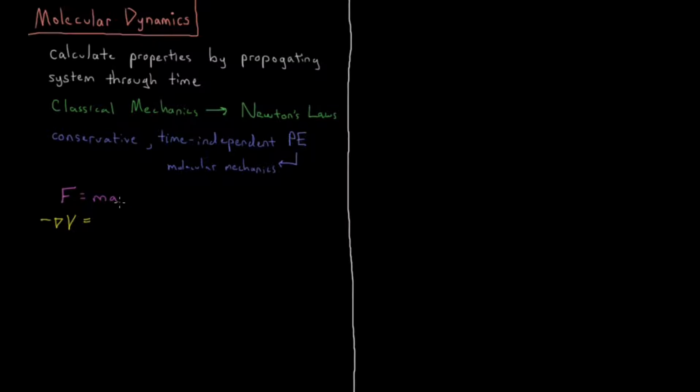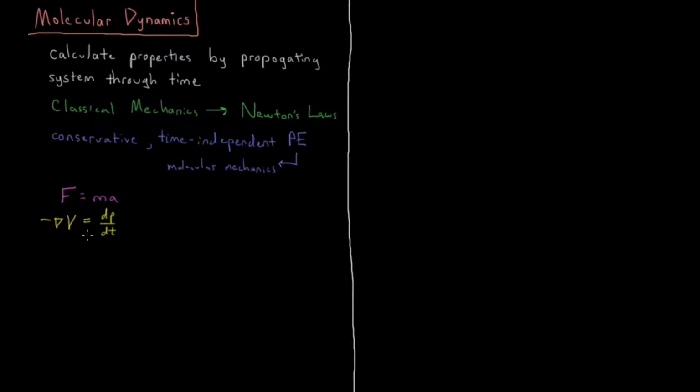It also equals the first derivative of velocity, but m times a is the first derivative of momentum. So that equals, we might say, dp dt. So this is the kind of equation that we're solving, which is what it reduces to for a conservative time-independent potential energy function.